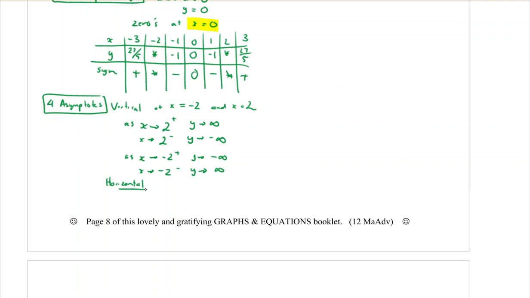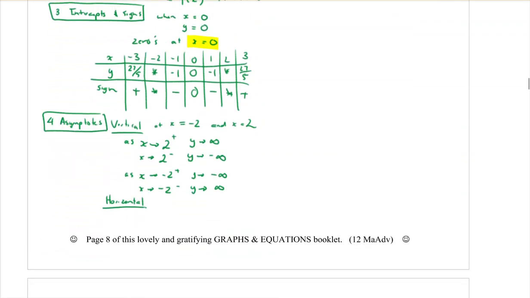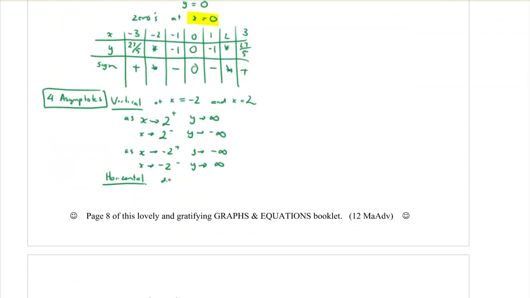Horizontal asymptotes. We would want to divide by what power of x? It's an x squared on the bottom, so divide by x squared. That's going to be y equals 3x squared divided by x squared is 3, x squared divided by x squared is 1, and then minus 4 divided by x squared.